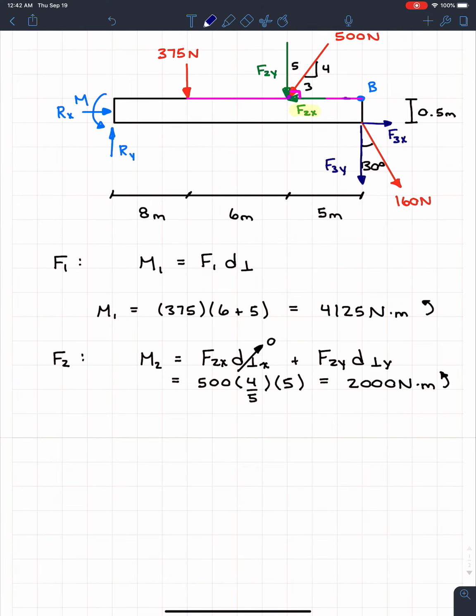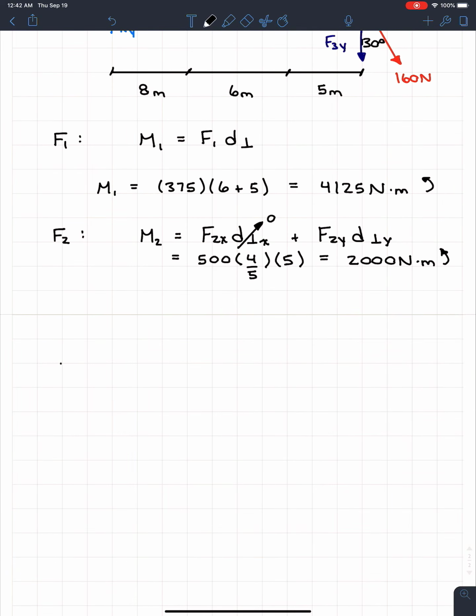So now we can write our moment equation for F3. M3 is going to be equal to F3x times d perpendicular in the x direction, plus F3y times d perpendicular in the y direction.